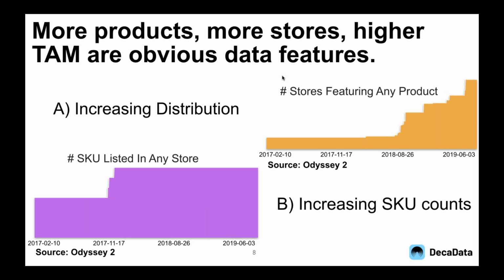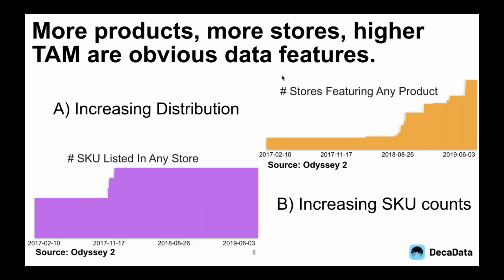But as I said, these are obvious data features, and they tend to be, in air quotes, priced in, because they very quickly become public when Coca-Cola or Monster Energy or Kellogg launch a new product, a new variant. It is very much PR'd, so ahead of time, people know that there's a new product coming down the pipe, and that will be factored into any correlations with share price.